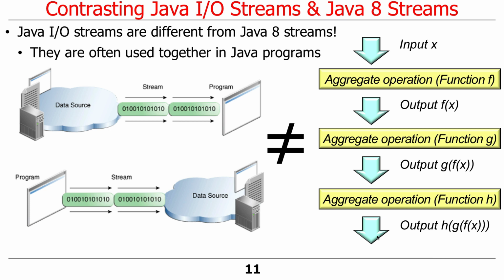Of course, they're often used together, right? So people will often take data that comes in stream format as the input to a Java 8 stream. So that's even more confusing, because now you have two different types of streams that are worked together in various ways.